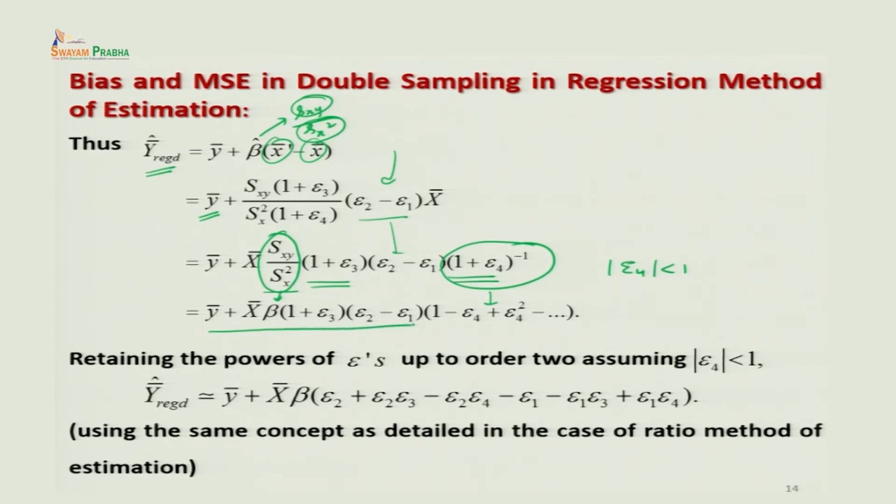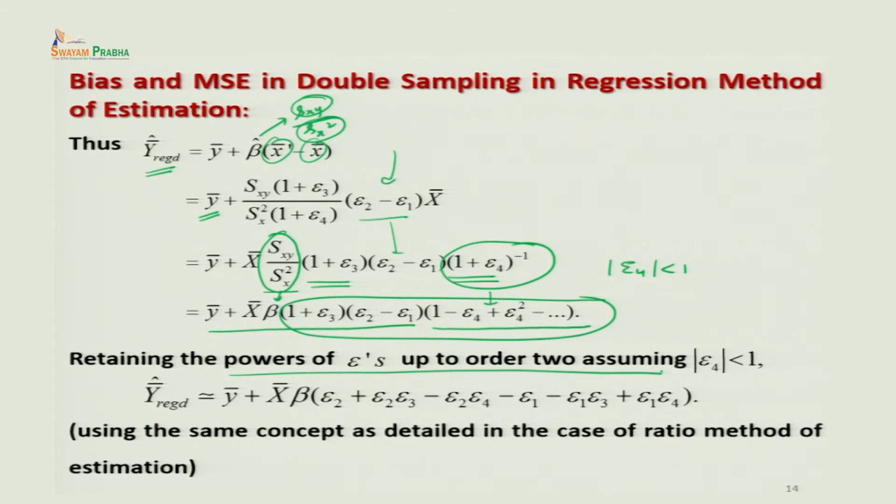So now this expression becomes y bar plus x bar times beta, 1 plus epsilon 3, epsilon 2 minus epsilon 1, and then 1 minus epsilon 4 plus epsilon 4 square, and now I have to multiply these three quantities together, and we need to retain all the terms which have powers up to order 2. Yeah, and we are assuming that the absolute value of epsilon 4 is smaller than 1.